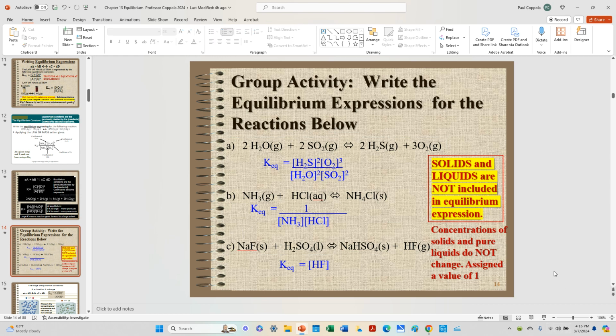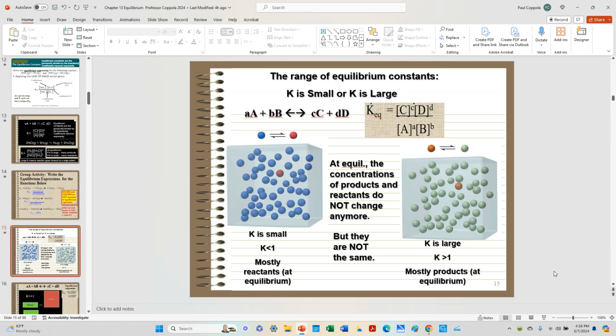Okay, now we're going to go to slide 15. Now remember, the bigger the K, the more products you have. When K is large, you have mostly products because it's products over reactants. If K is small, you have mostly reactants, because that means the bottom part of the fraction is very big, and so the value of the fraction will be small because the denominator is big.